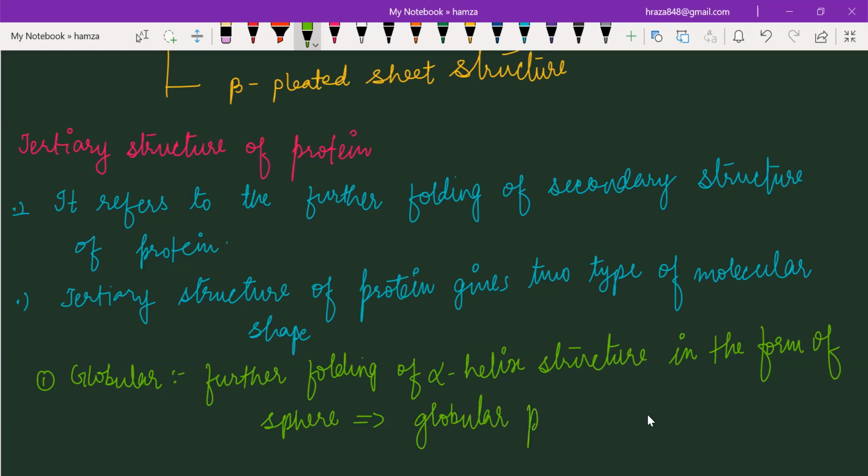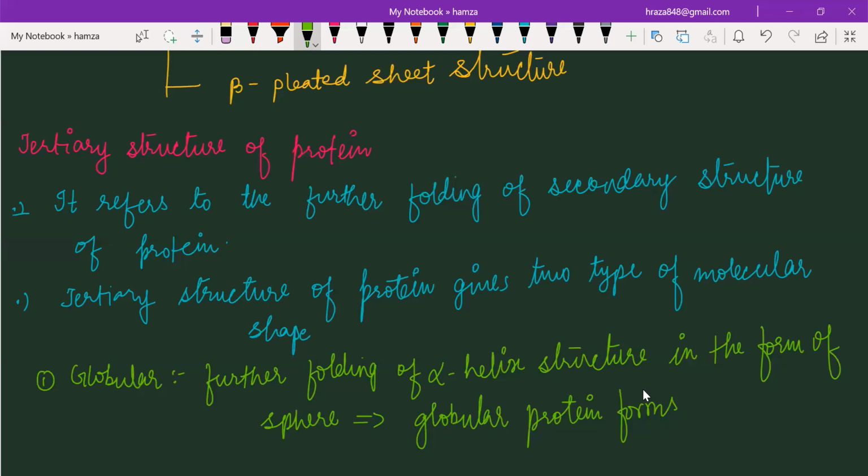So it's very easy to understand. What is alpha helix? Basically, secondary structure of protein has two types: alpha helix structure and beta plated structure. So in tertiary structure of protein, we have two shapes: globular and fibrous. So what is globular? When you further fold this alpha helix structure, then you will get globular protein. Please write it. Then we will talk about fibrous.